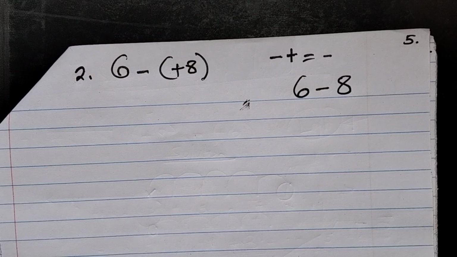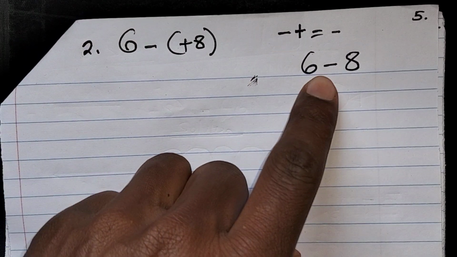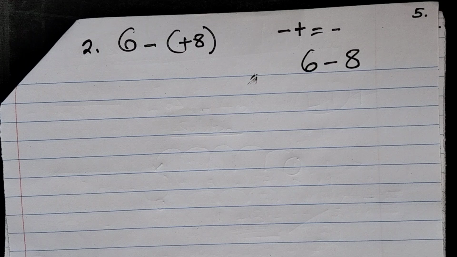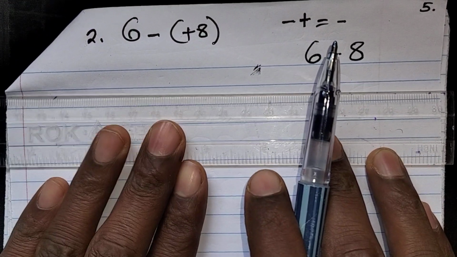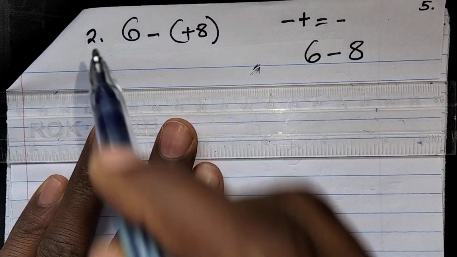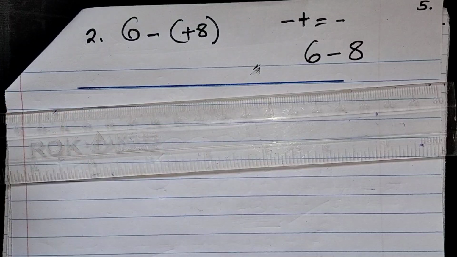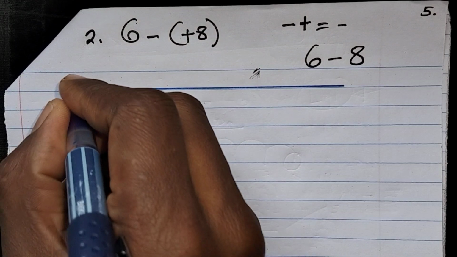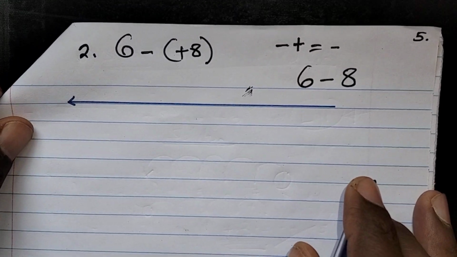But let us apply the concept of the number line and see whether it is true. We draw a number line in solving 6 minus positive 8. On that number line, we have to ensure that some values don't go missing.